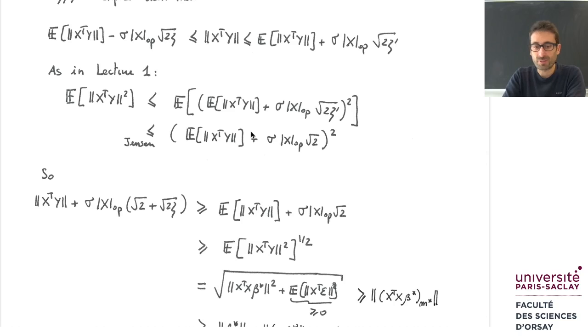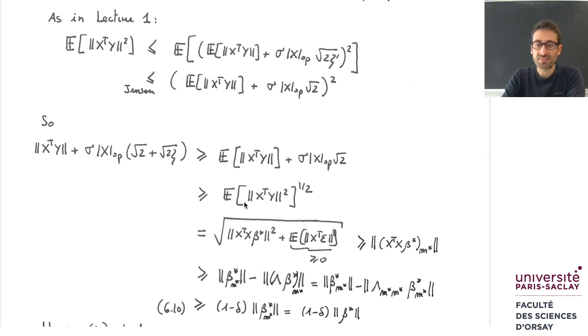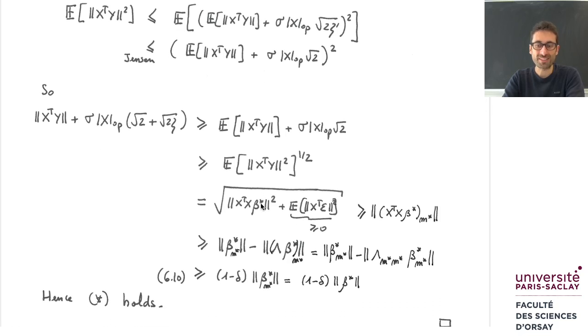Now, for this term, I use this inequality, so I can bound it with the square root of the expectation of the square norm. And this expectation, you know how to compute it, right? You will have the square norm of the expectation, which is this quantity, since x transpose y is x transpose x beta star plus x transpose epsilon.